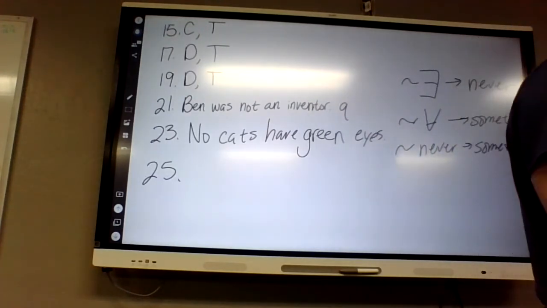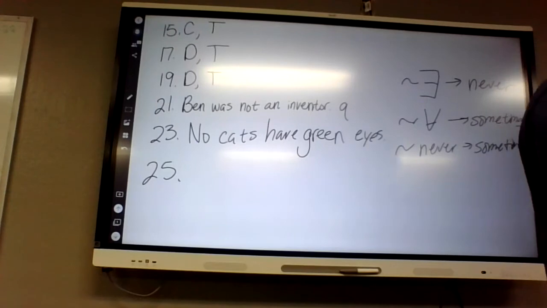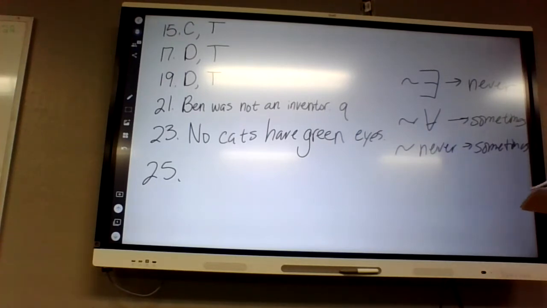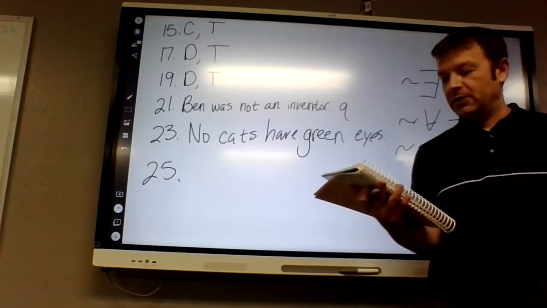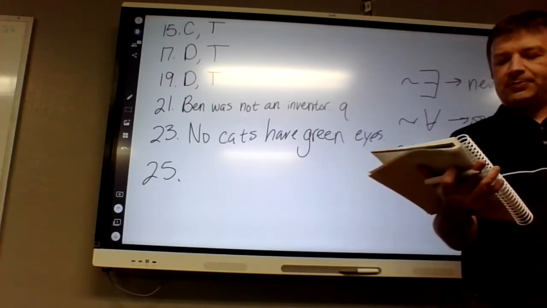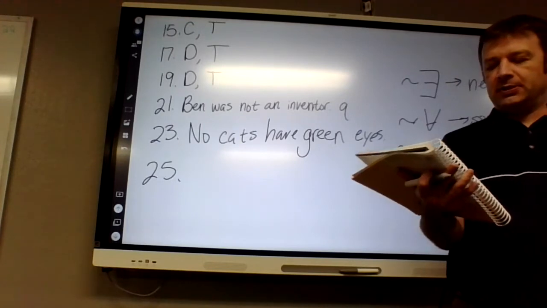Number 5. Okay. For all numbers x, x plus 5 equals 5 plus x. Is that a true statement? Yes, it is. Okay, so we got to turn it into a false statement. So what's the opposite of for all numbers?